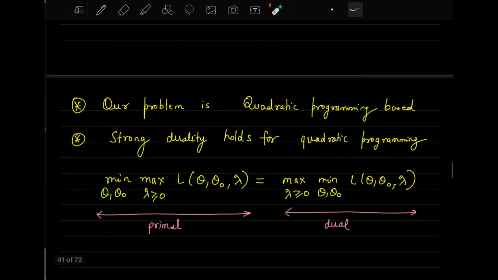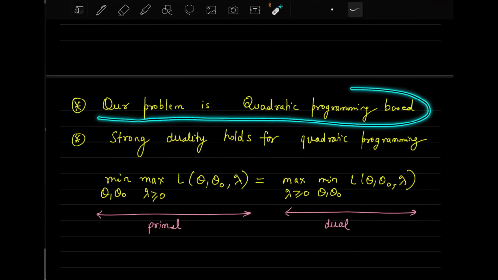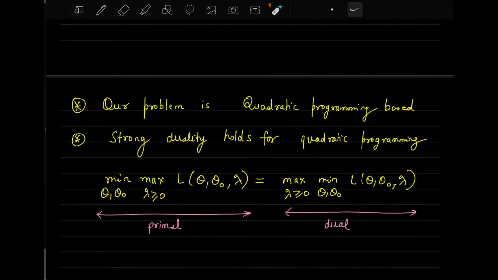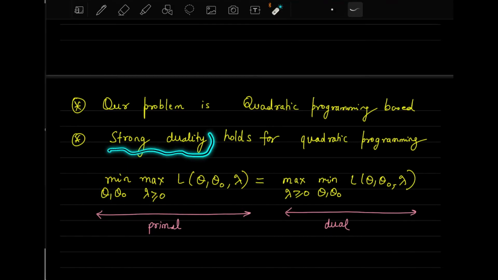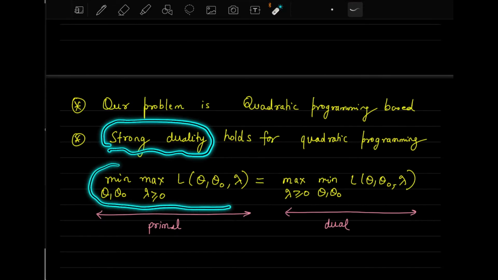As you recall, our problem is a quadratic programming problem, as I discussed earlier. In quadratic programming problems there is a strong duality condition. Normally what happens is that the min max operation which we have in the primal space, which we have just derived, can, when strong duality holds, be written equally as a max min condition.